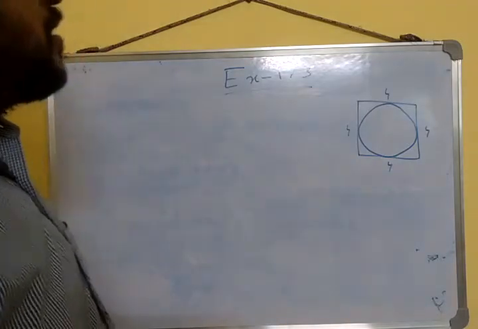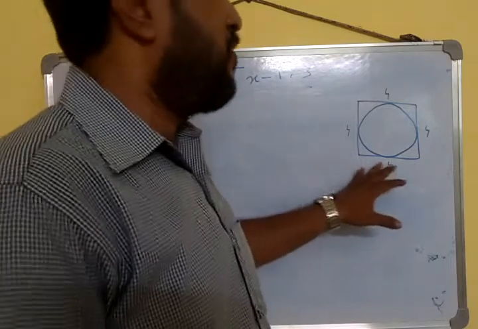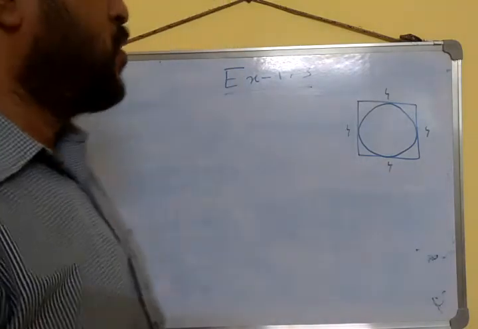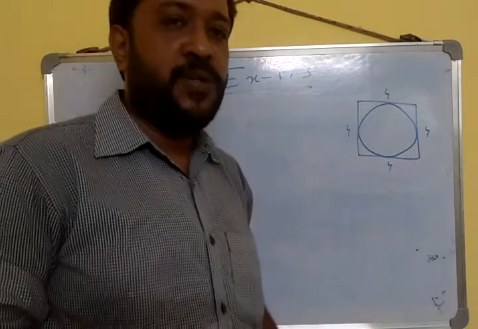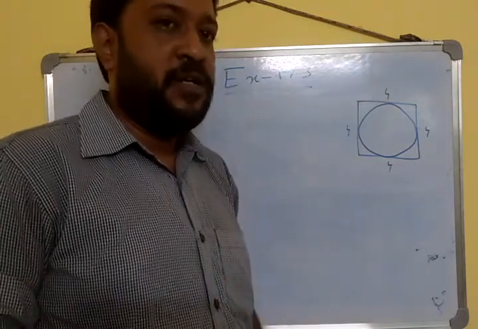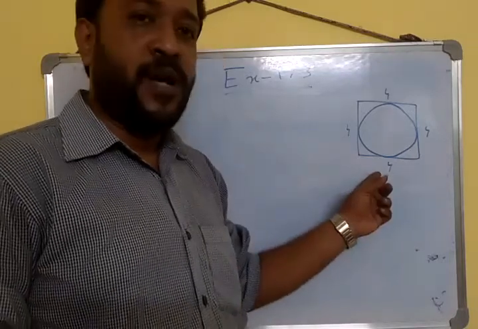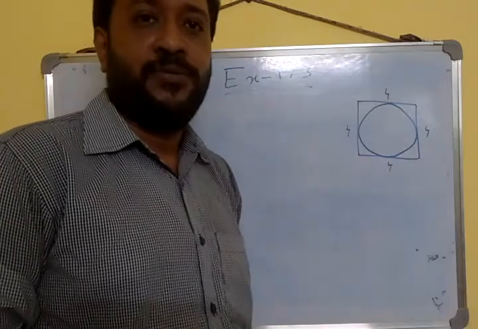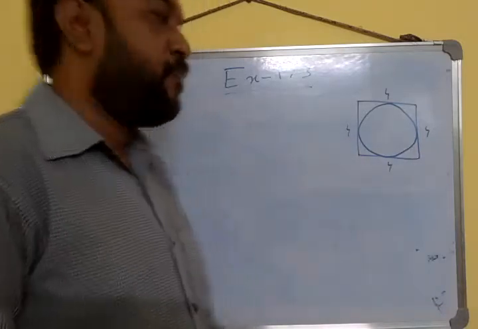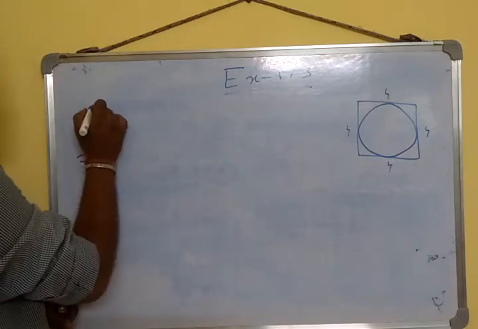But before that, I need to know the volume of the cube and the volume of the sphere. To know the volume of the sphere, we know the formula 4/3 pi r cube. Now if you carefully look at the diagram, the diameter of the sphere is given to you.